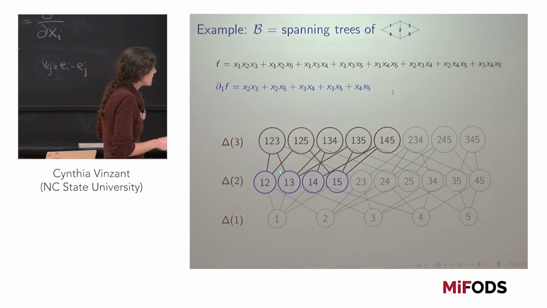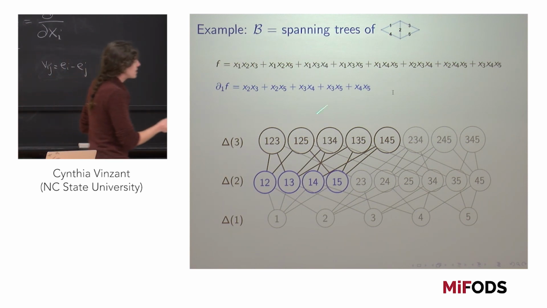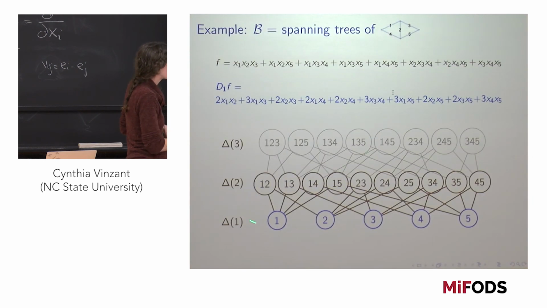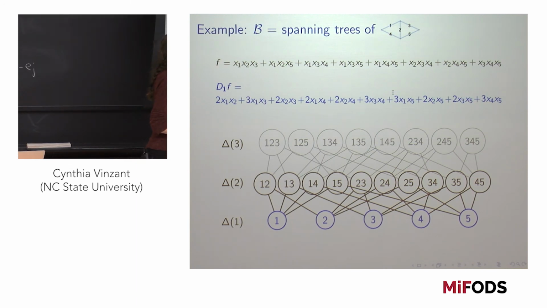And one of the conditions was on the second eigenvalue of the up-down walk I get from this derivative. And somehow putting together information about this tiny random walk can tell me something about the random walk between the top level and the second level.